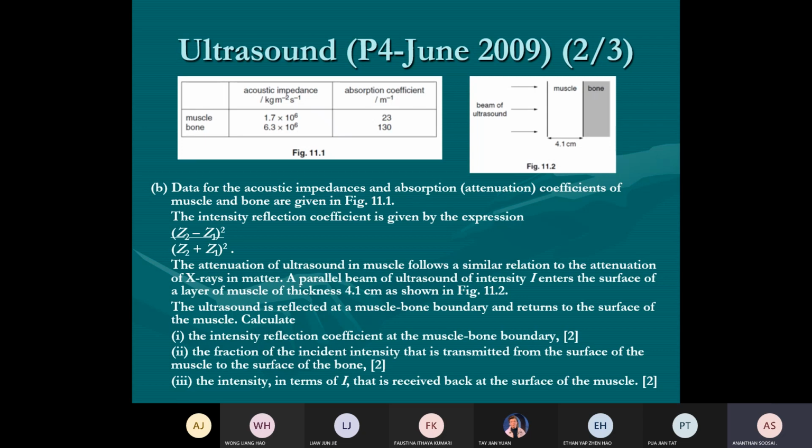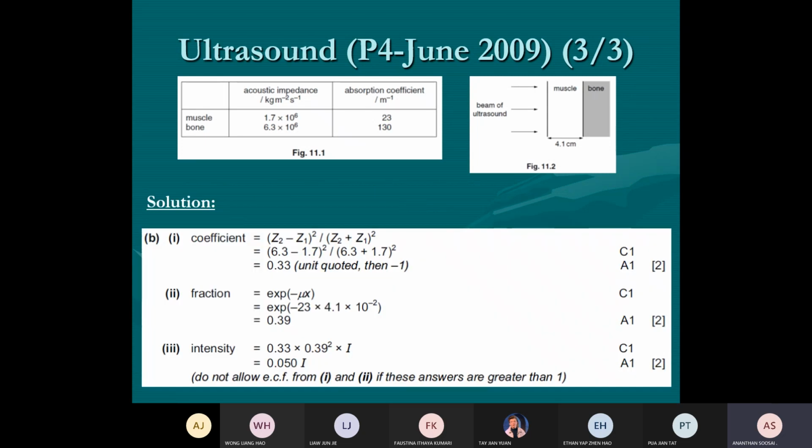Okay, so you got the answer. Let's recheck. The next slide is the answer. So you get these answers.